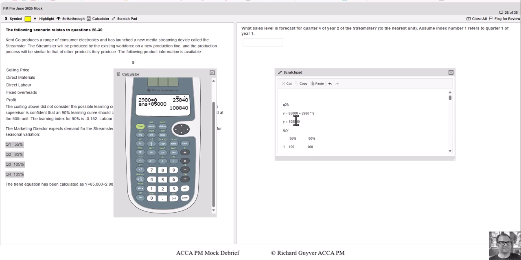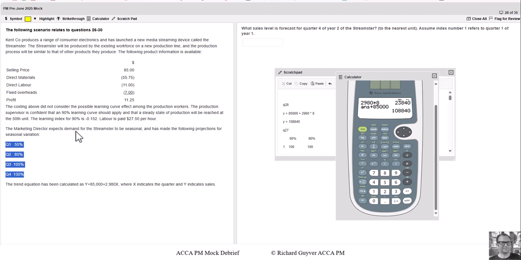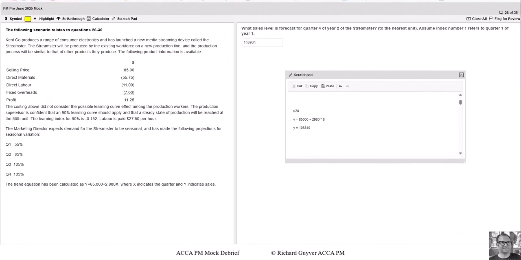But now we need to do the seasonal adjustment. If it's Q4, then it's 135%. So we multiply by 1.35, giving us 146,934.